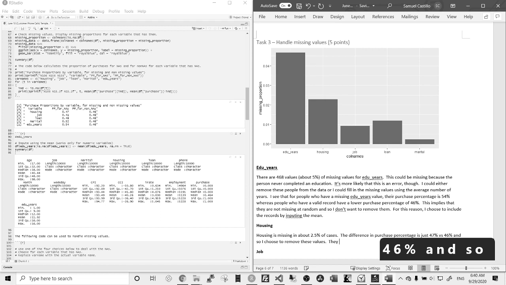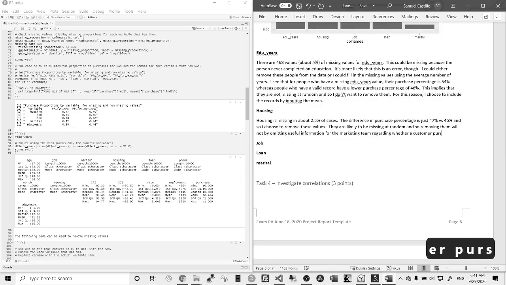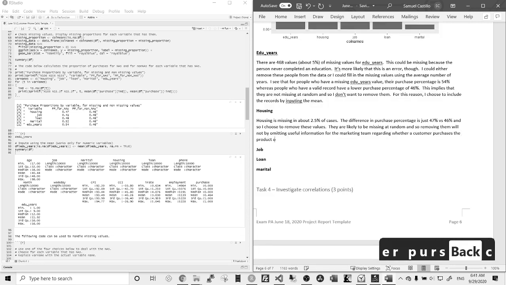They are likely to be missing at random. And so removing them will not be omitting useful information for the marketing team regarding whether a customer purchases the product or not.